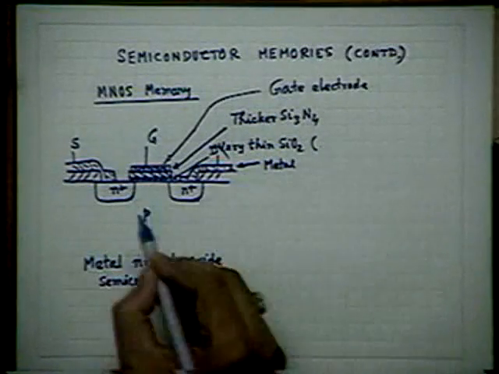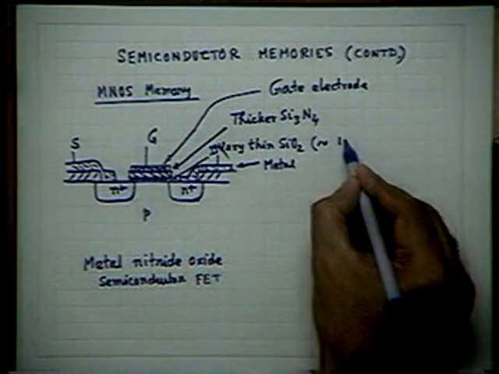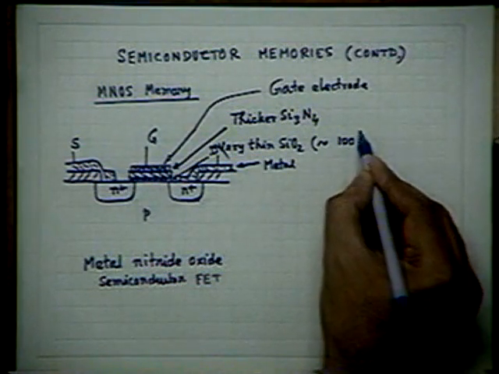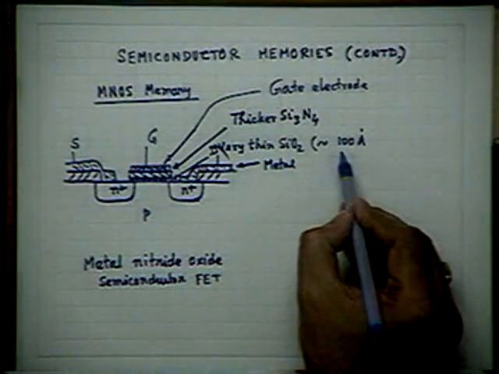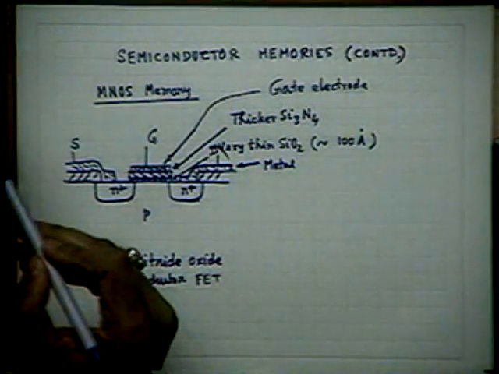The dielectric film which is in contact with silicon is a very thin silicon dioxide, of extremely high quality. This is grown by a dry thermal oxidation process. The thickness of this first film is usually around 100 angstrom or even less. Today's VLSI technology is considerably less than this; I am speaking of slightly outdated things.